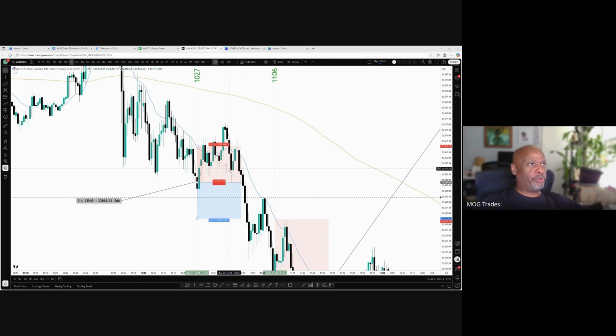So let me explain what happened here and why I got stopped out. This was a 1-to-1. This trade should have been set against maybe even right. The stop should have been somewhere up here. Again, there are reasons for that.